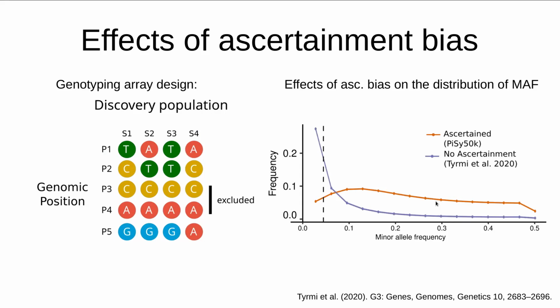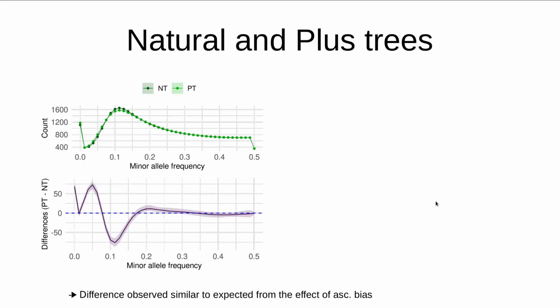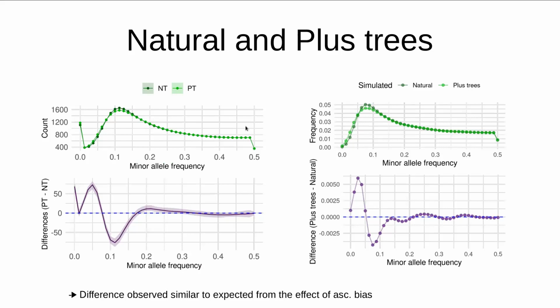So in our data, the natural and +3s have 2 different ascertainments, so we have to take that into account for our comparisons. And so coming back to the comparison, to try to get a feel of how the ascertainment bias would distort these 2 distributions, we ran simulations using the same ascertainment as in our real data. And you can see the results of these simulations, again the 2 distributions of natural and +3s.